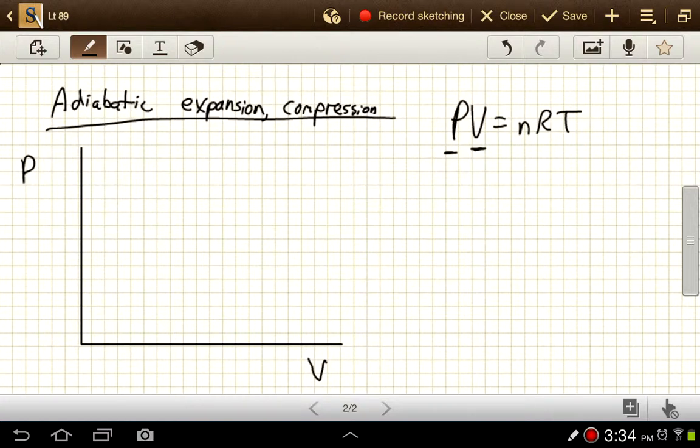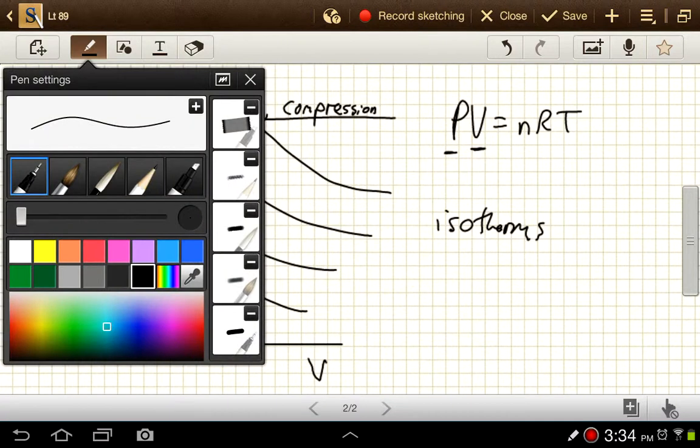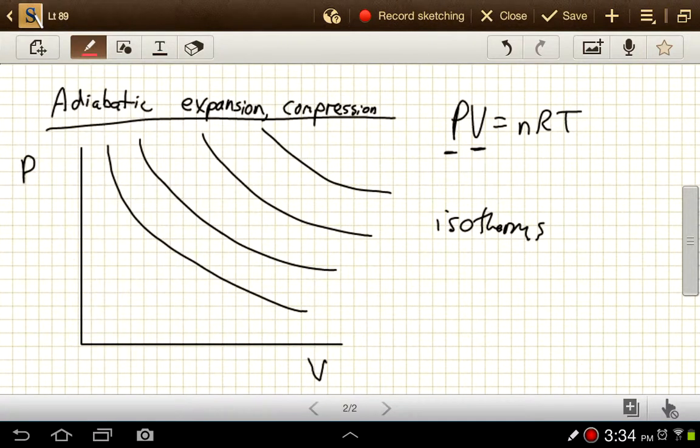So if we look back at the isotherms, this 1 over x format, looks something like that. These are isotherms. Our adiabatic expansions or compressions are going to cross over these isotherms because pressure changes more rapidly. So we'll have a steeper line here and then a more rapid change to a flatter line here.